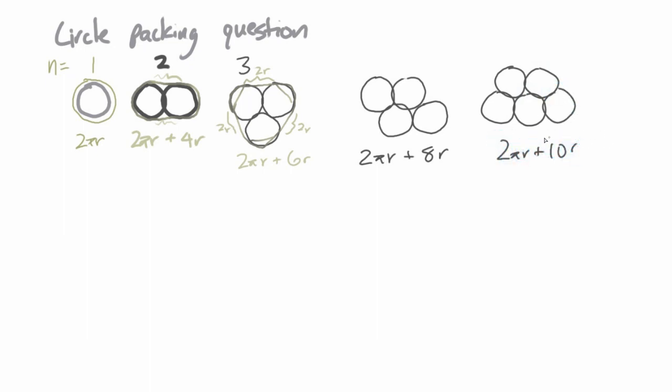So there seems to be a pattern as you keep going on these trivial small cases, and maybe that pattern holds and maybe it doesn't. Here's a hint. The pattern doesn't hold, and we want to see why, and we want to see if we can have a generalized formula for the length of the string for n circles.